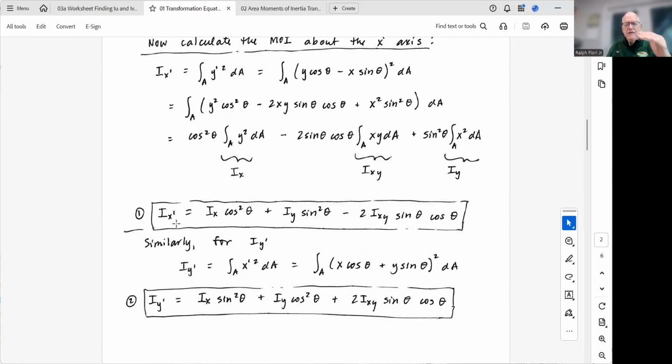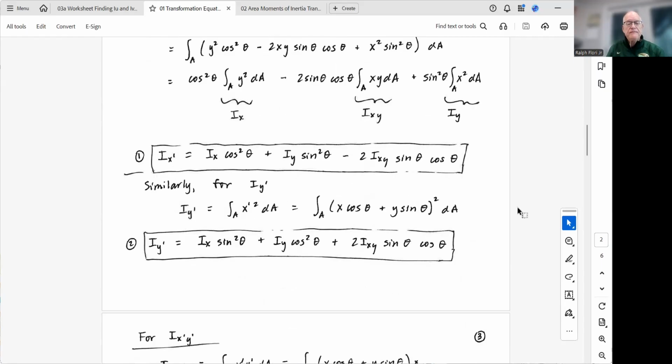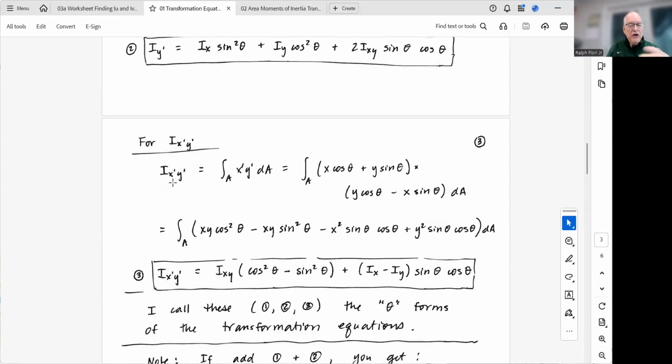You could do the same derivation for Iy prime, and you get a similar equation. And you could do it one more time for the product of inertia about those rotated axes, and you get a product of inertia equation. So we're going to use these today as equations, and then these actually form the basis of our Mohr circle as well.